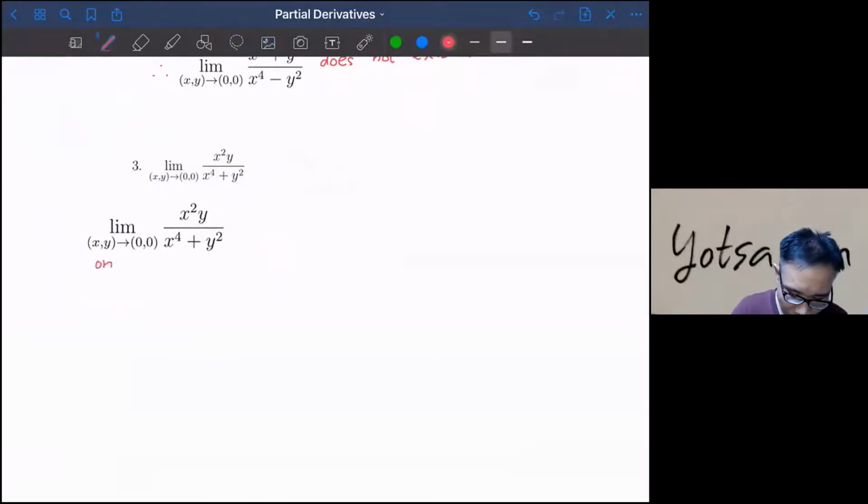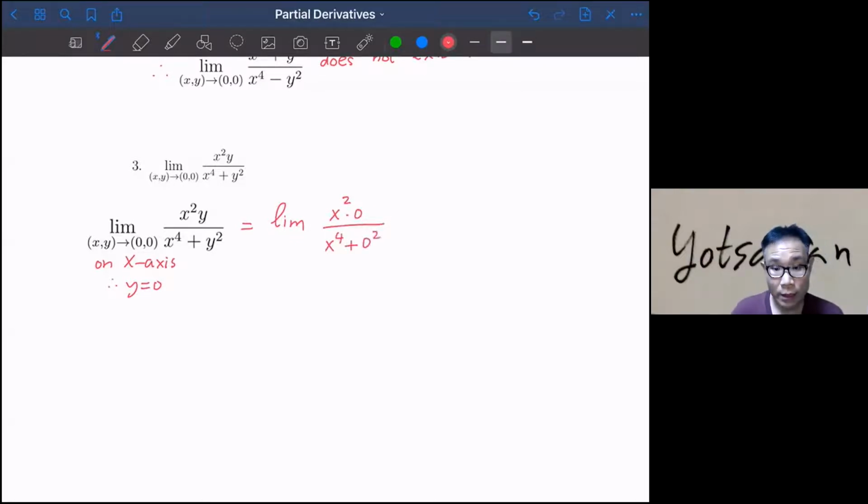Let's try the x-axis again. If you are on the x-axis, it means you have y equal to 0. So you plug in y equal to 0, and it's gonna be x squared times 0 over x to the 4th plus 0 squared.